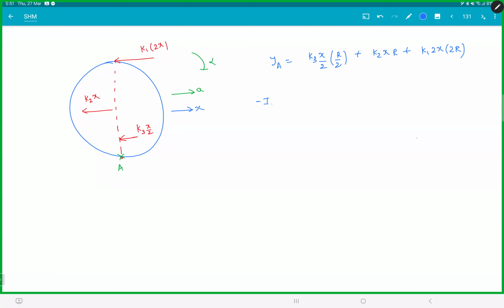This is nothing but minus Ia alpha. This will be k3 by 4 rx, k2 xr, 4 k1 xr. Ia will be, it's a solid sphere, so 2 by 5 mr square plus mr square, which is 7 by 5 mr square, into alpha. And a is equal to R alpha.